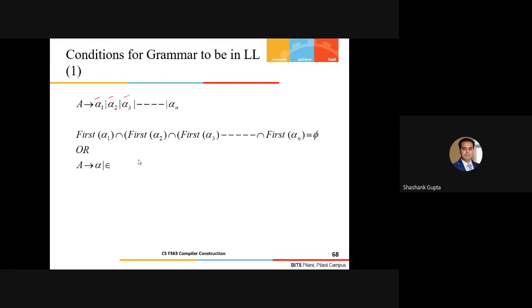As we know, in that case we vanish this symbol only if follow of A includes the next symbol in the input stream. So first of alpha intersection follow of A should again not include any common symbols. Otherwise, there is going to be a conflict. Suppose first of alpha contains a and follow of A also contains a. Then both entries, A derives alpha and A derives epsilon, will come under the same entry a in the row of this non-terminal.